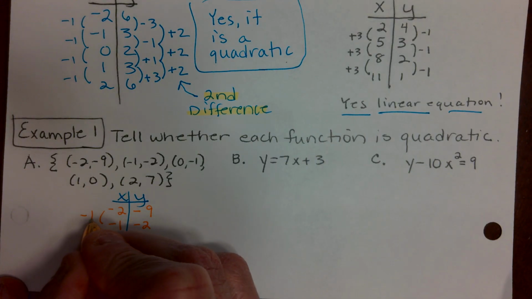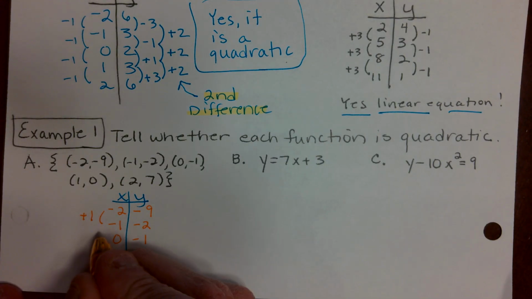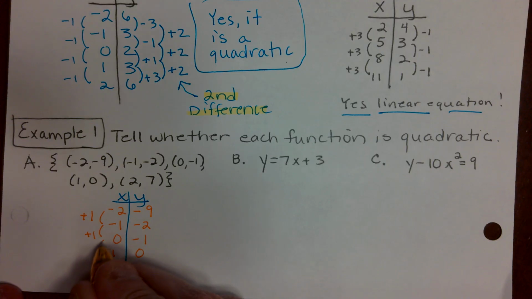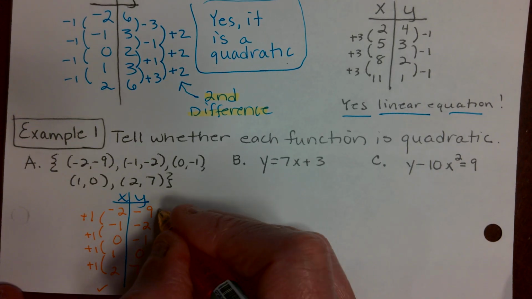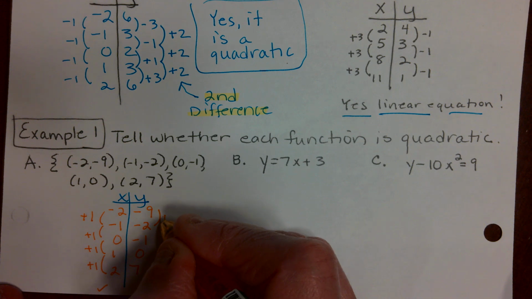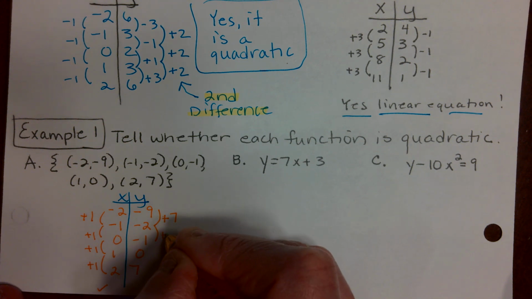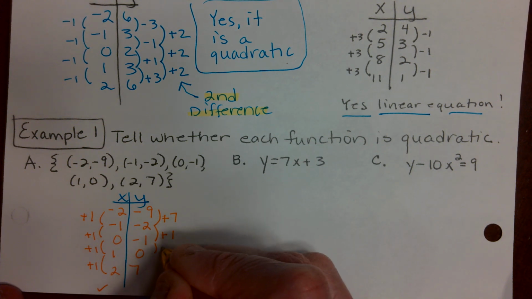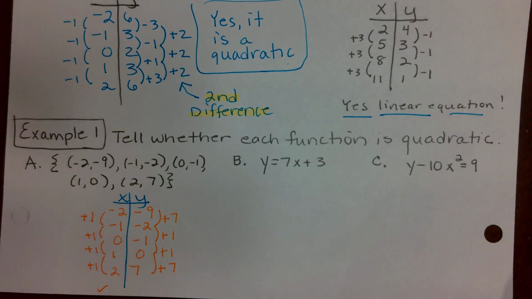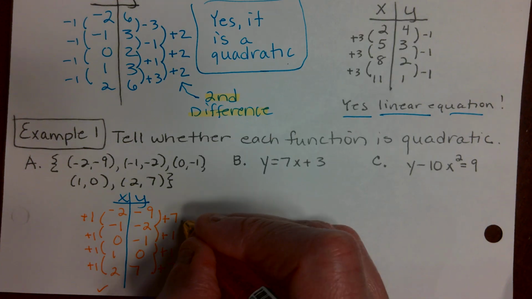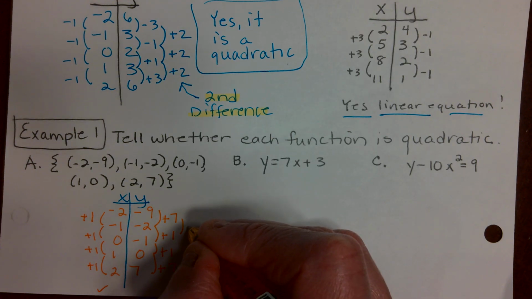Difference here. Oh, it's +1. +1, +1, +1, check. +7, +1, +1, +7. Not linear. Check the second difference.